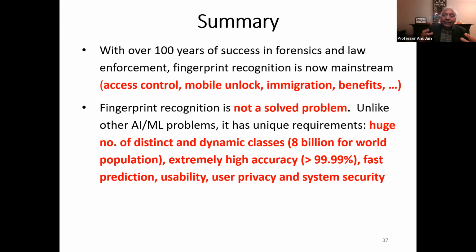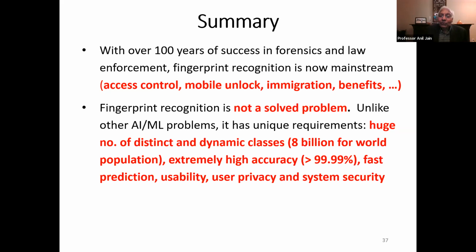And that is why authentication systems like match on card, mobile phone unlock, and mobile phone payment are extremely desirable, because there is no centralized database of fingerprints in those applications. Your fingerprints reside either in your mobile phone or in the card, which are not so easy to compromise as a central database. So with that, I will stop.